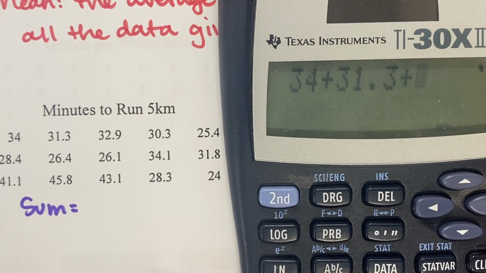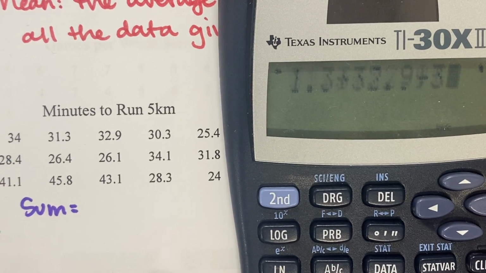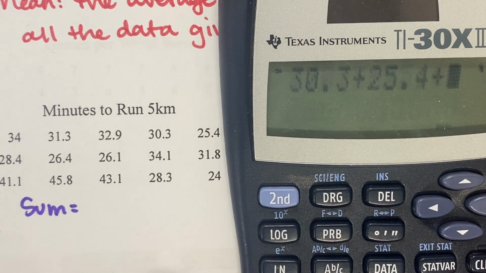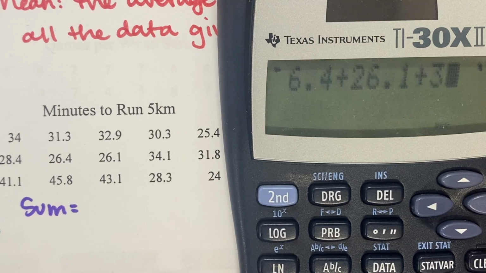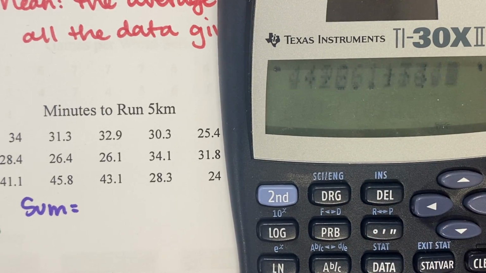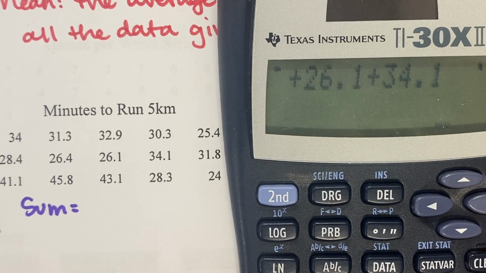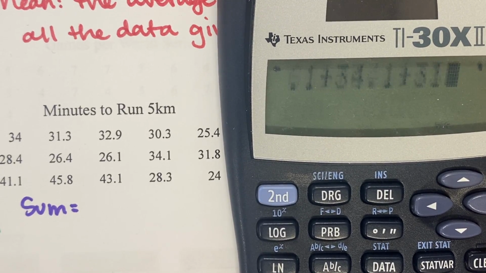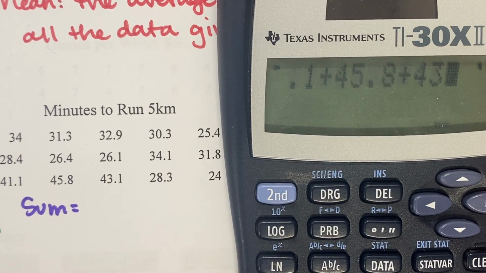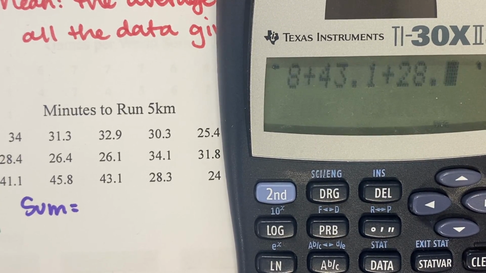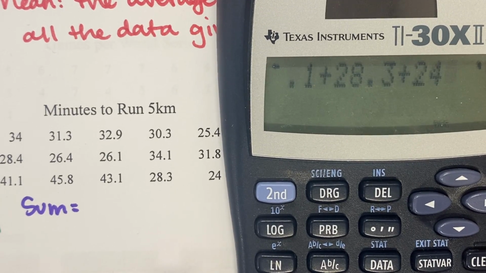So you have 34 plus 31.3 plus 32.9 plus 30.3 plus 25.4 plus 28.4 plus 26.4 plus 26.1 plus 34.1, you kind of have to make sure you're doing this correctly, plus 31.8 plus 41.1 plus 45.8 plus 43.1 plus 28.3 plus 24.